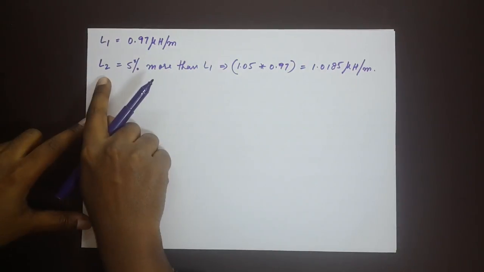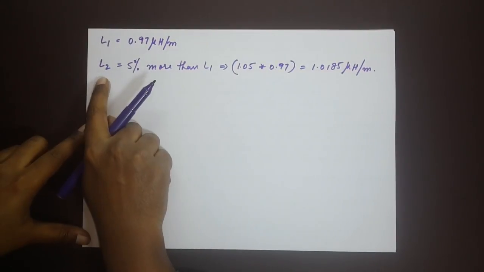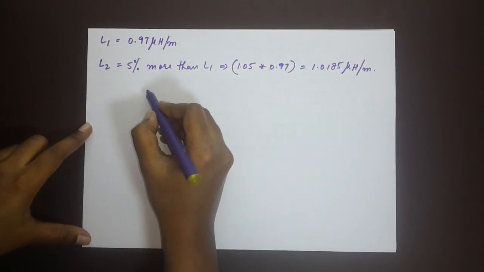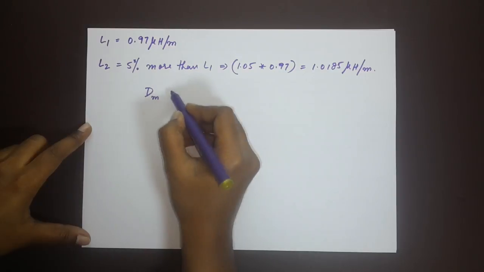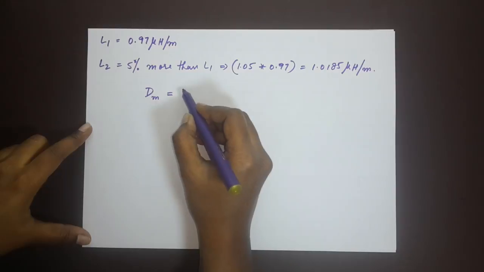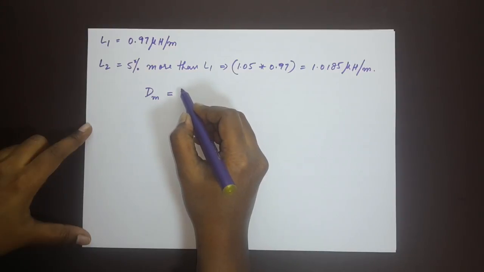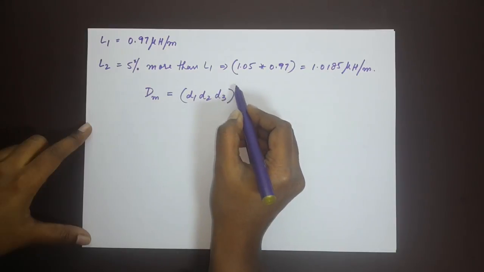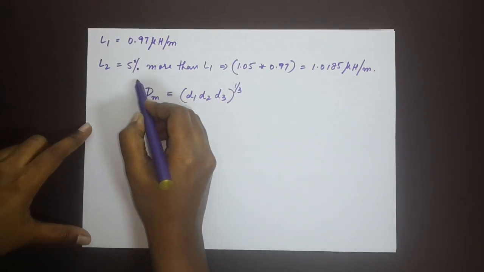Now that we have a value for L2, we can use the same value in order to determine what d is. The next thing is that dm, the total distance for a single three-phase circuit, can be represented in the form (d1 d2 d3) to the power of 1 by 3.